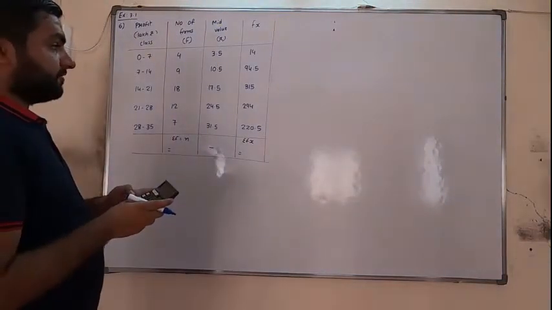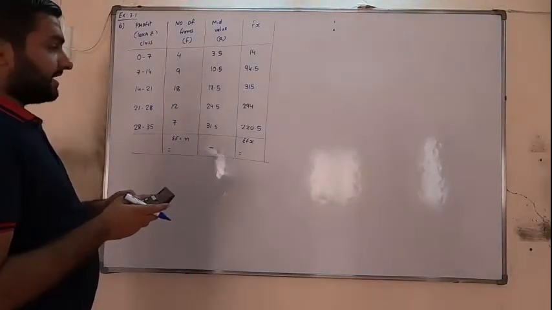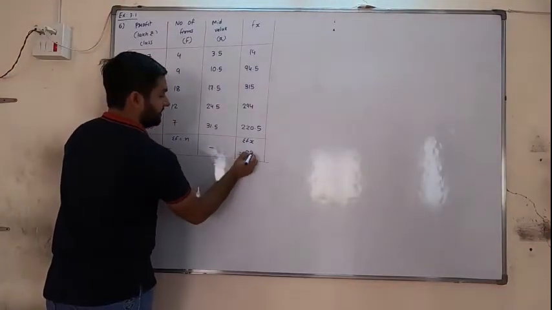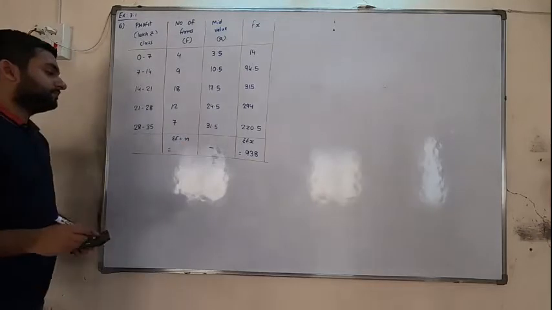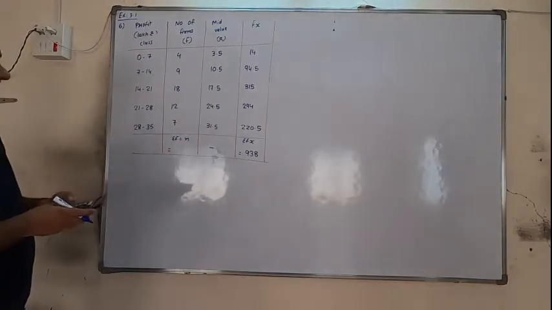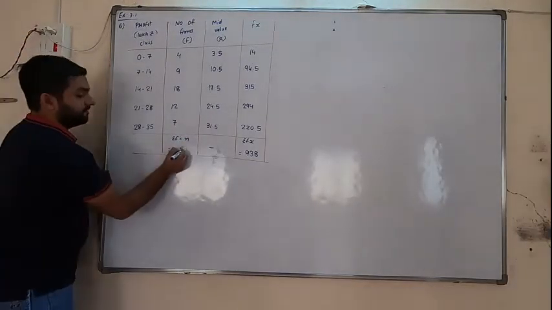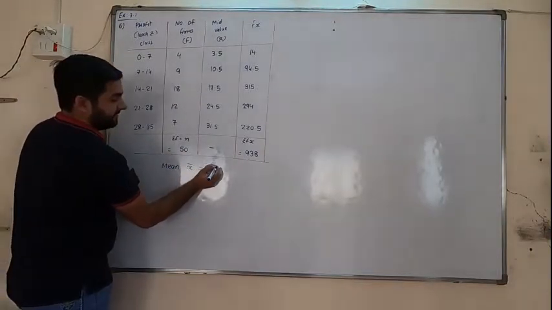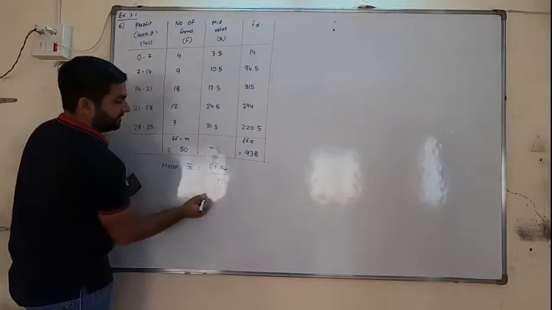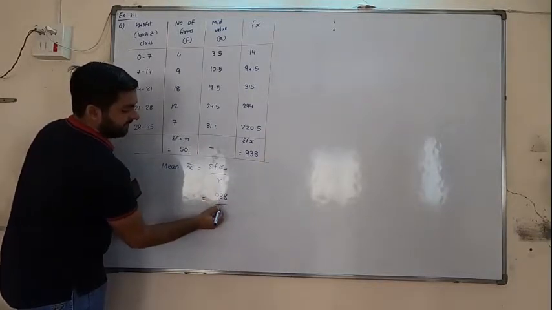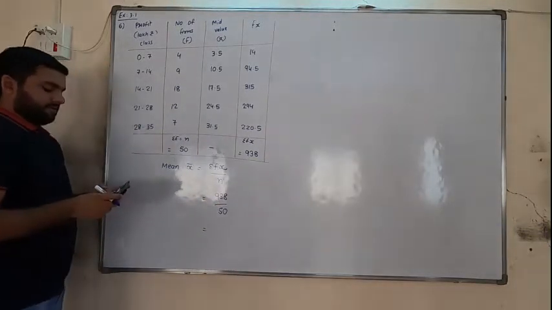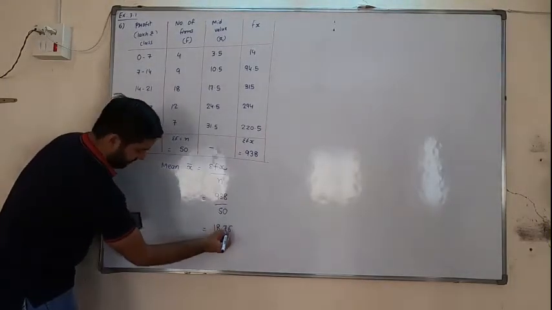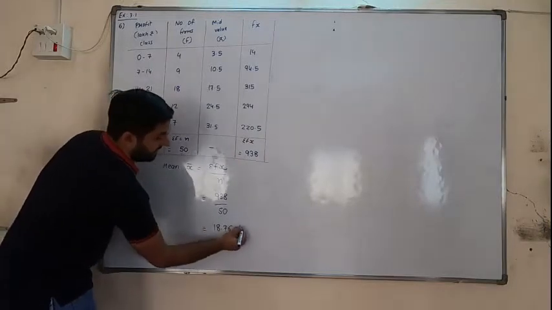Adding 14, 94.5, 315, 294, 220.5 gives 938. The frequencies 4, 9, 18, 12, 7 total 50. Mean x bar is equal to sigma fx upon n, 938 by 50, which is 18.76 lakh rupees.